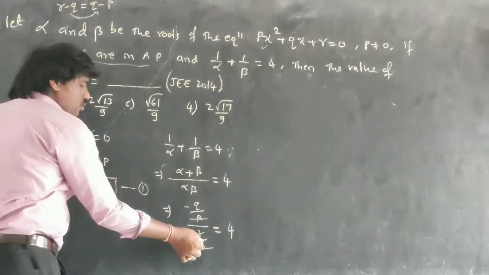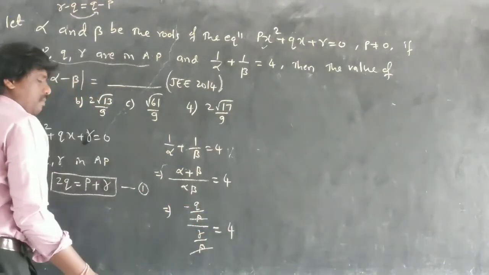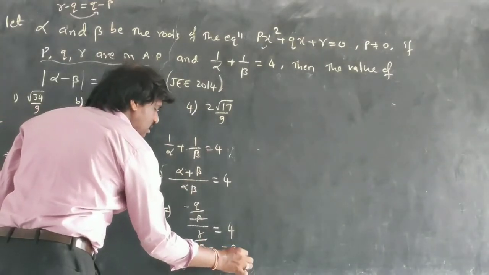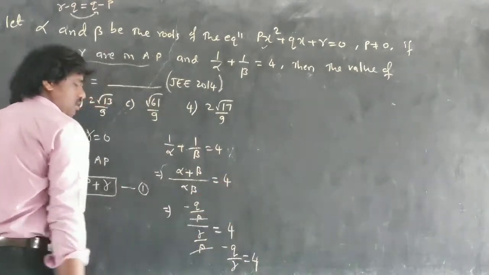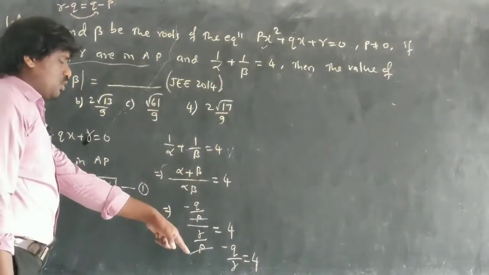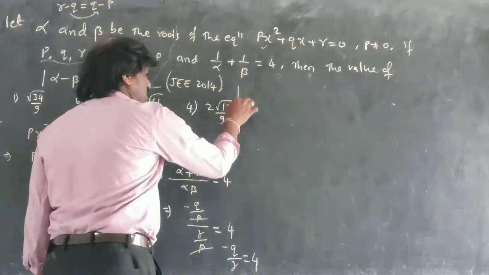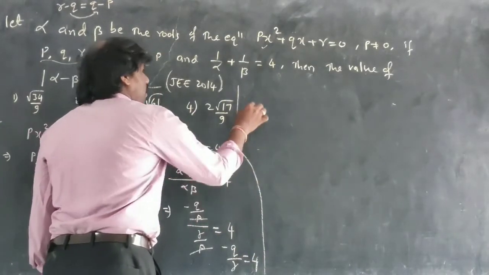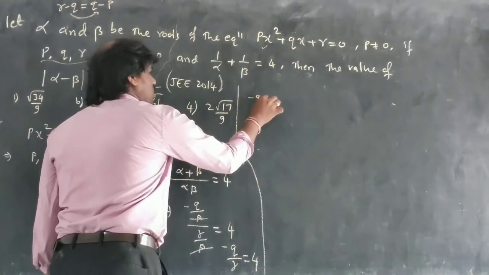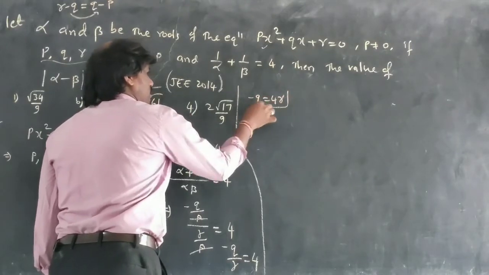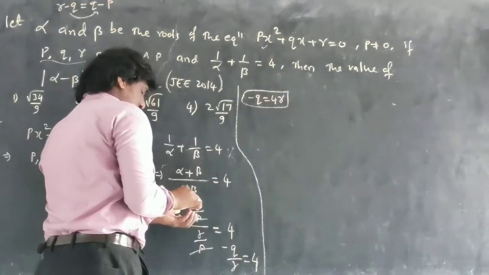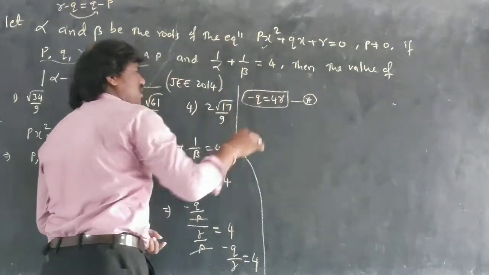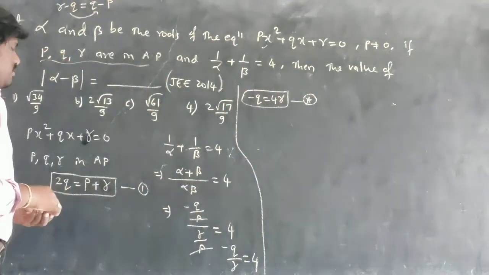So minus q by r is equal to 4, which means minus q is equal to 4r. I got a condition, minus q is equal to 4r. I mark this with a star because it will be useful in the next steps.